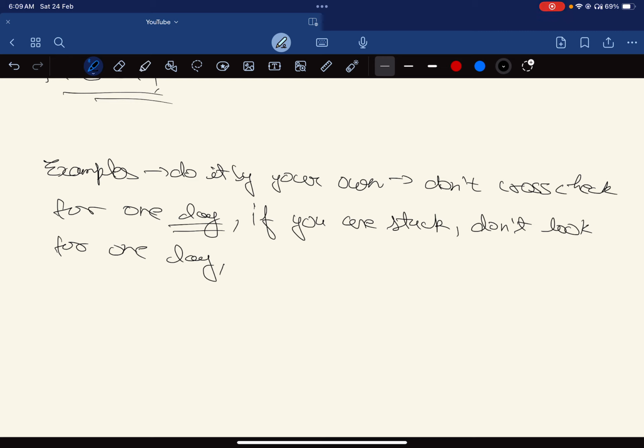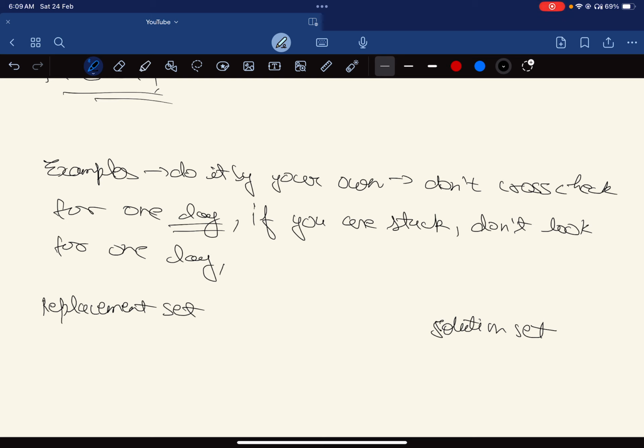Okay. There are two things which are definition based. There's something called a replacement set, and there's something called a solution set. The replacement set will be given in the question.